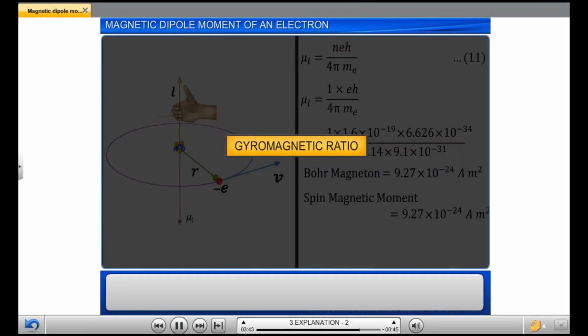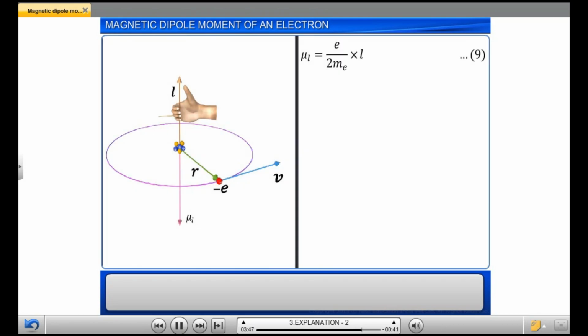Now let us discuss the gyromagnetic ratio. The ratio of the magnetic moment to the angular momentum is called the gyromagnetic ratio. It is denoted by gamma. That is, gamma is equal to μL by L. On substituting the value of μL from equation 9 and simplifying, we get gamma is equal to e by 2me.